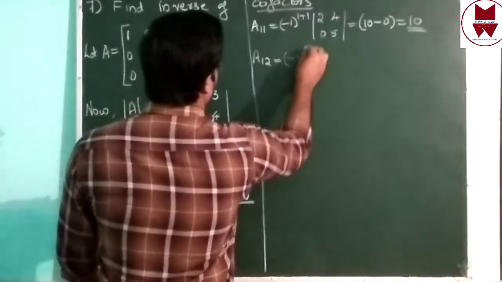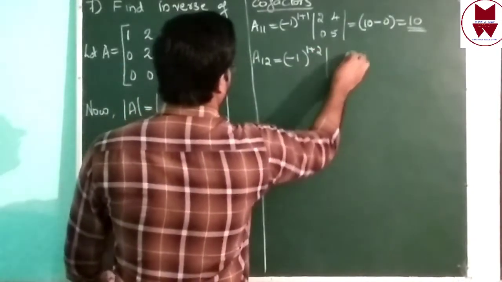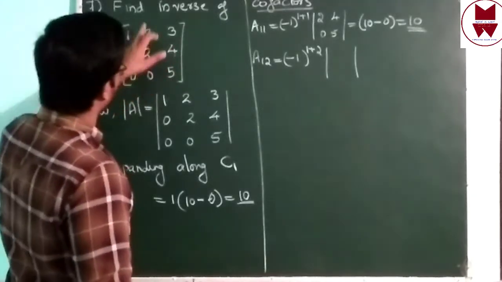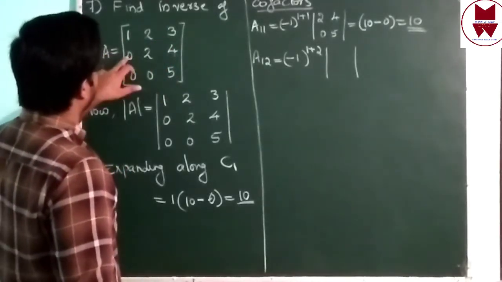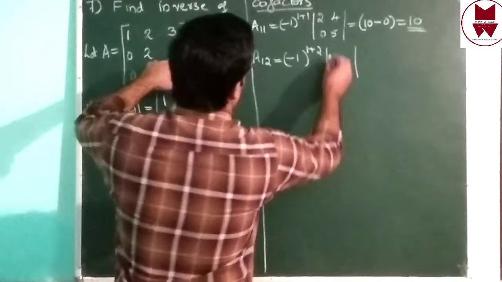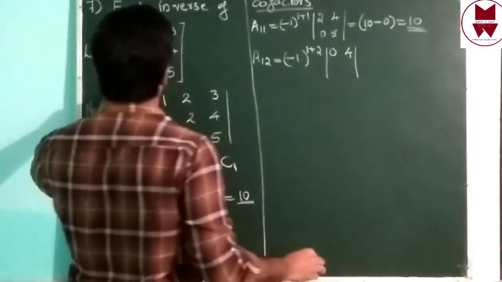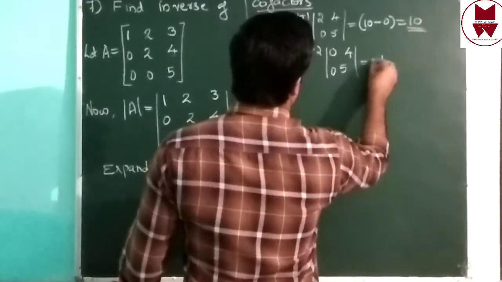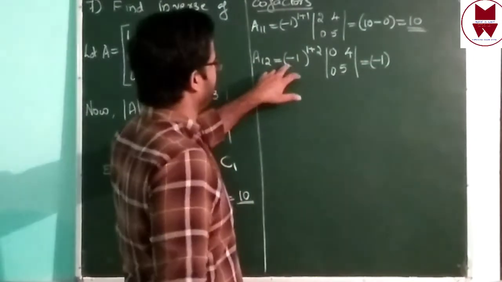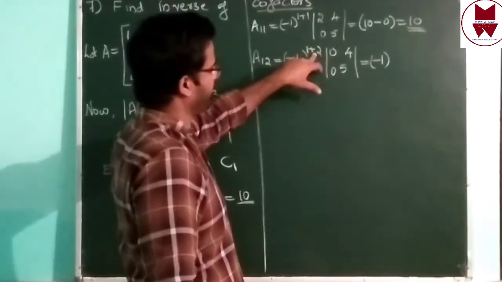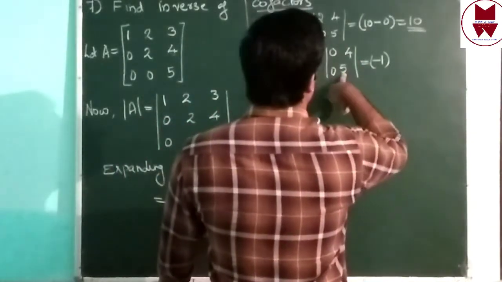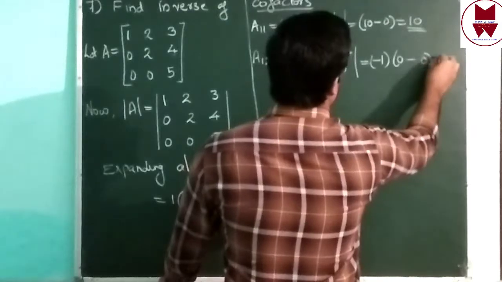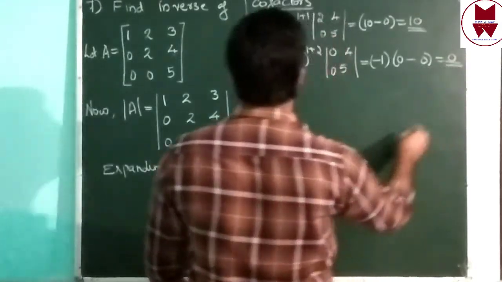Then A12: minus 1 raised to 1 plus 2, determinant of first row and second column deleted, what is remaining 0 4, 0 5. Equal to minus 1 into, minus 1 raised to 3 is minus 1, 0 into 5 is 0 minus 0 into 4 is 0. You will get answer 0.